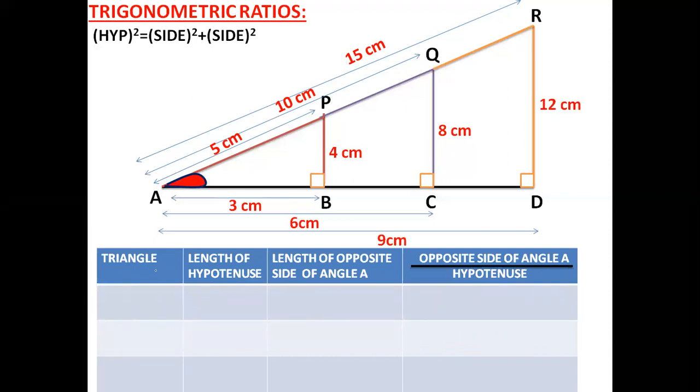First column is the triangle, second column is length of hypotenuse, third column is length of opposite side of angle A, and fourth column is opposite side of angle A by hypotenuse.